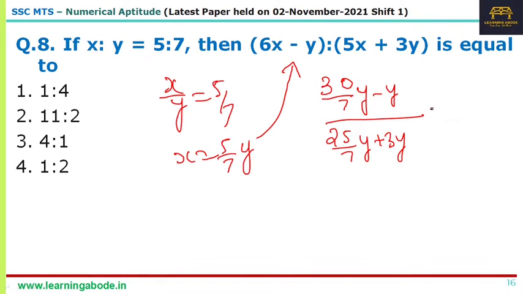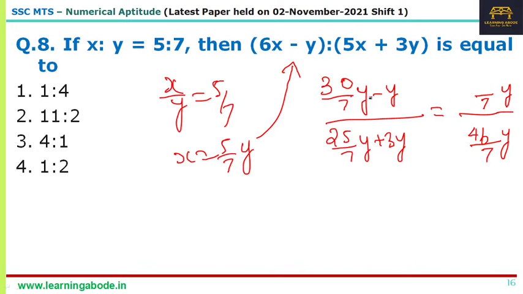Now coming to the denominator first, if you have to add these two terms, 7 into 3 is 21, so base is 7, and y is common, and 7 into 3 is 21. 21 plus 25 is 46, so 46 by 7y is in the denominator. As far as the numerator is concerned, of course y is there in this.